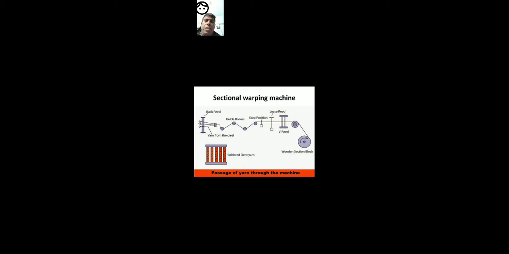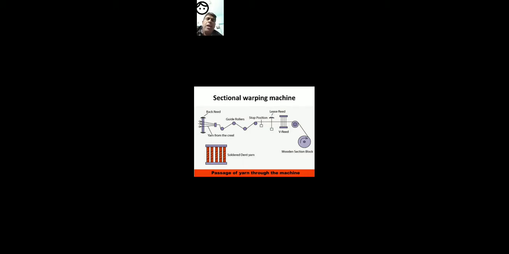If you observe this diagram, there are 3 kinds of reed: back reed, lease reed, and V reed. Back reed is the position where the yarn from the creel is drawn through, and then it moves on to the guide rollers. Thread guide and tensioning devices are present, and a stop motion is also present on each cone.